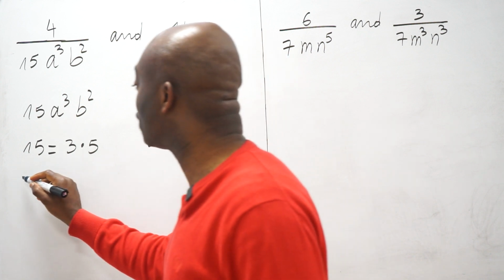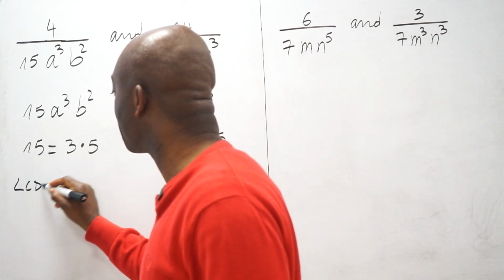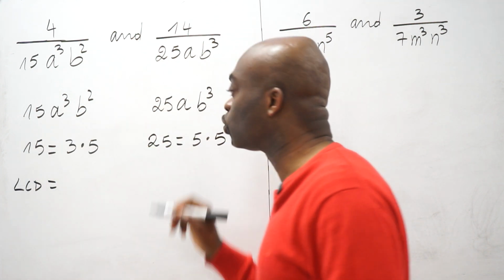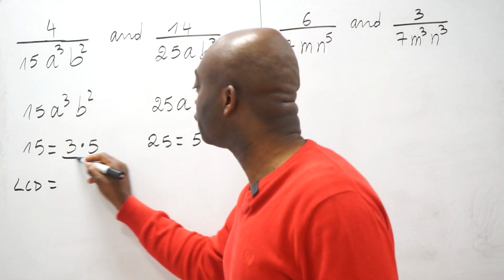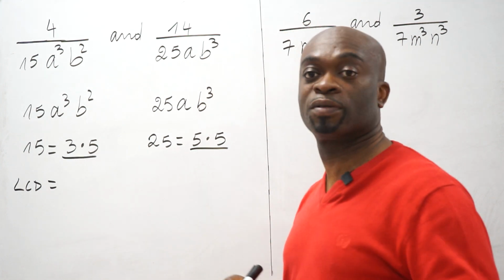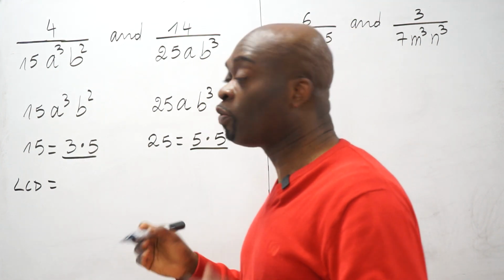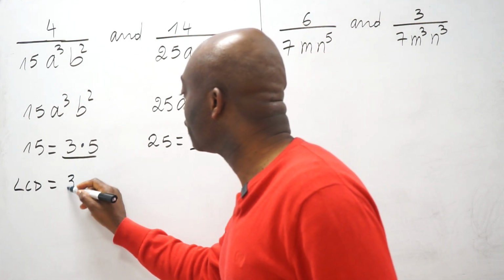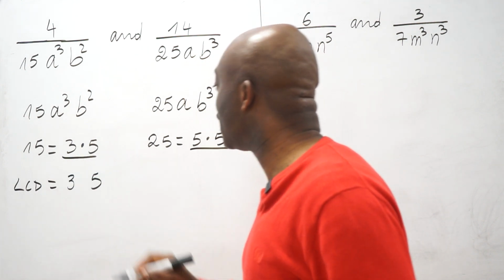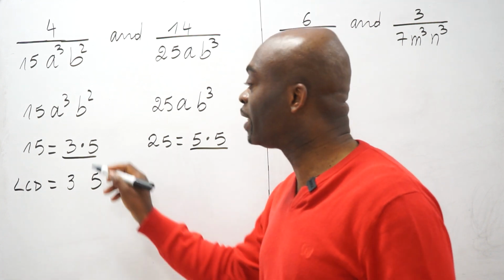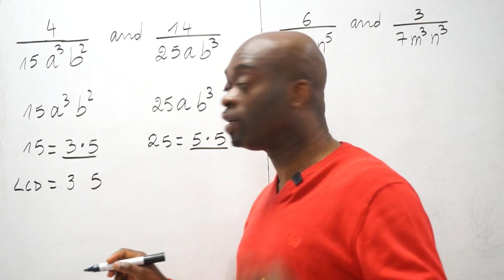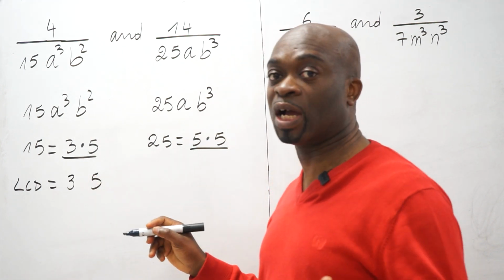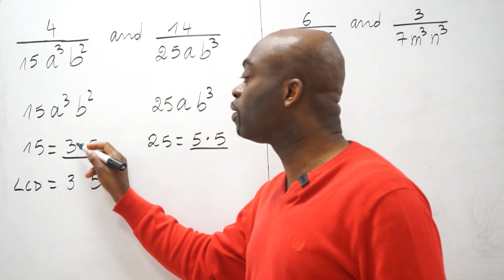Now we're trying to find the lowest common denominator only for the two numbers, so we collect the different factors. 3 is one factor, 5 is the other. How many times do we have 3 here? Once. And here? Zero times. So we take 3 once.